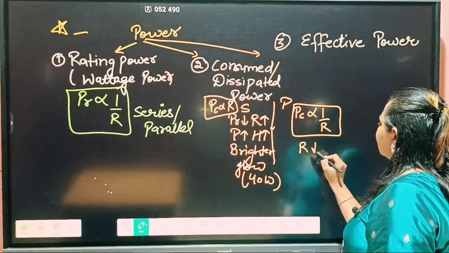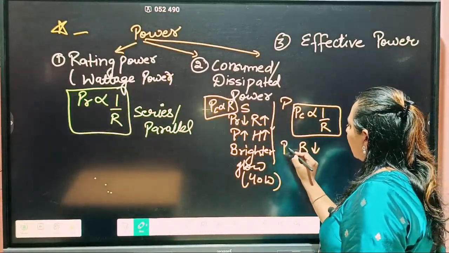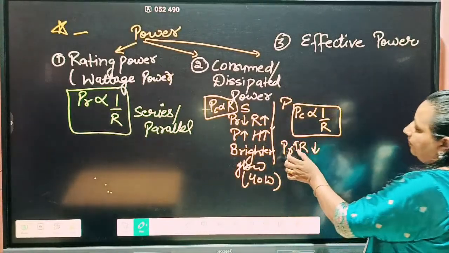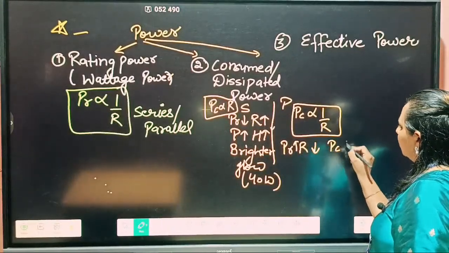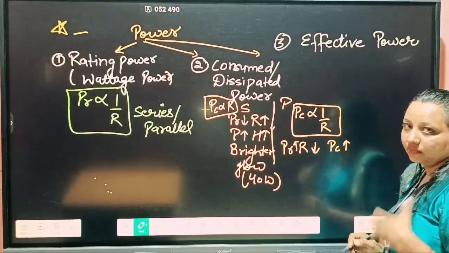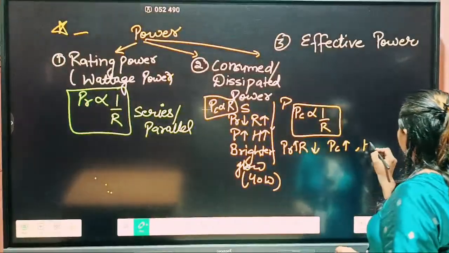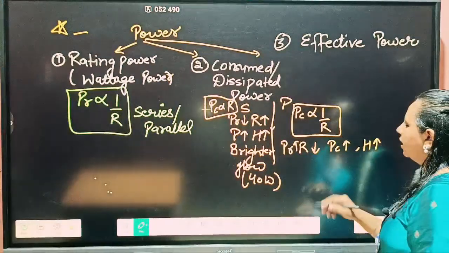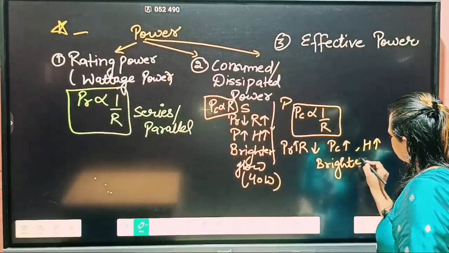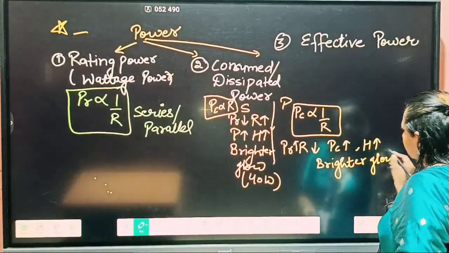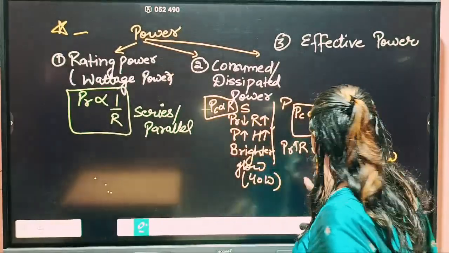So the device which has less resistance, जो higher power का था, higher rated power का जो appliance था, जिसका resistance कम था, which consumed higher power, it produces higher heat energy, it glows brighter, right? So this will happen.